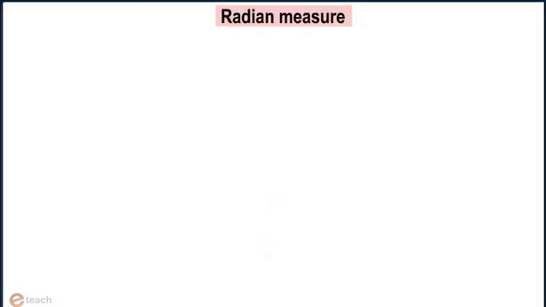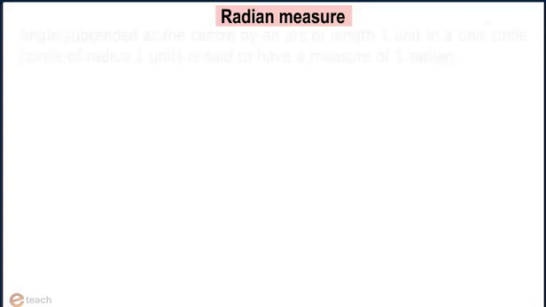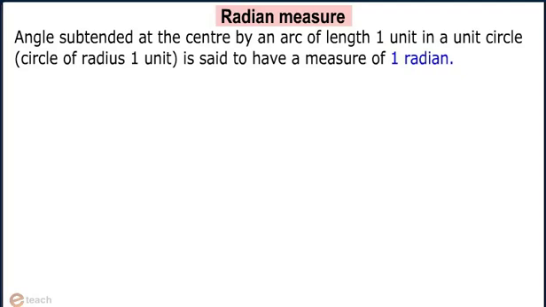Let us see radian measure. There is another unit for measurement of an angle called the radian measure. Angle subtended at the center by an arc of length 1 unit in a unit circle is said to have a measure of 1 radian.